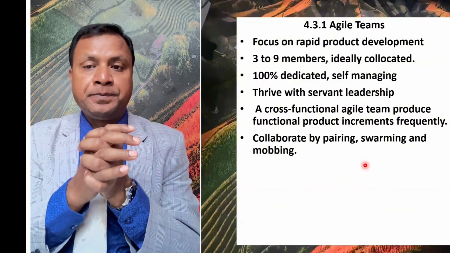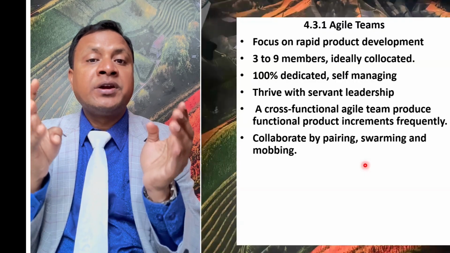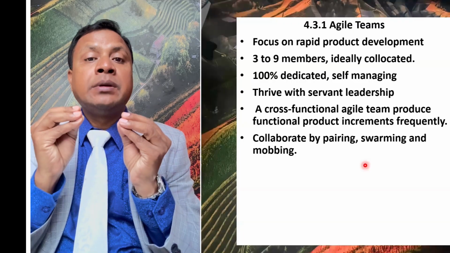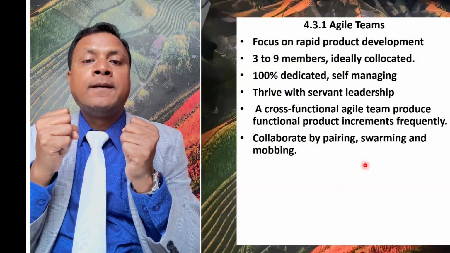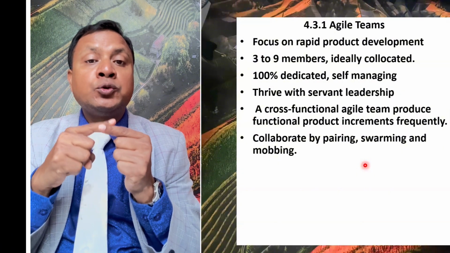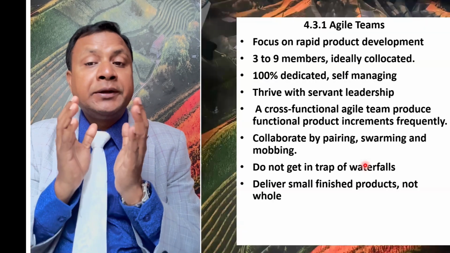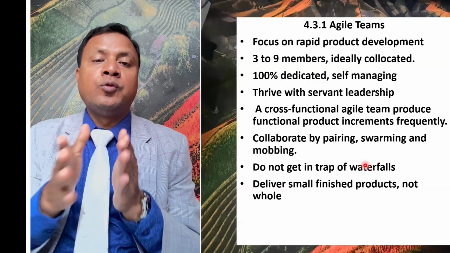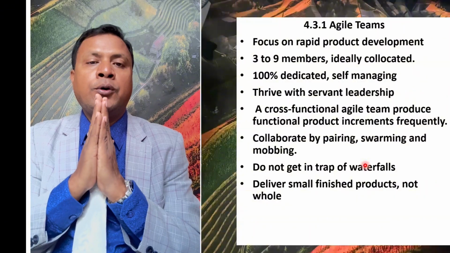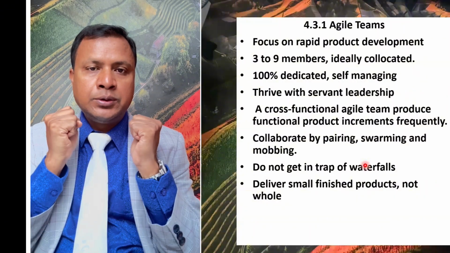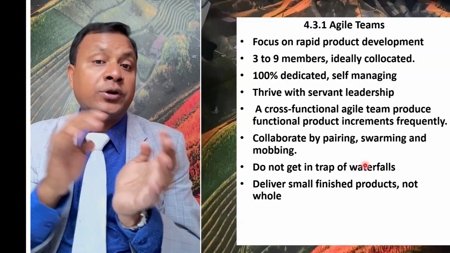So pairing is 2 persons, swarming is more than 2 persons from different teams, and moving means each member of each team together. They use this sort of pairing, swarming, moving style to achieve the goal, to increase value, to rapidly deliver. And they do not get in a trap of waterfall, like one step, then another step, then another step. No. They always work on achieving the goal together with full force. And they deliver small finished products, not the whole.